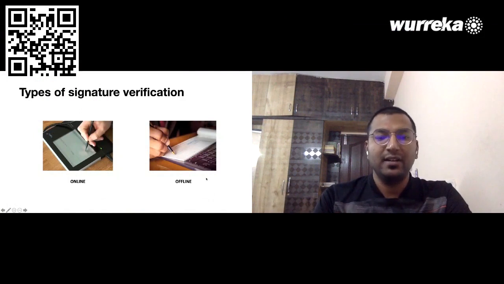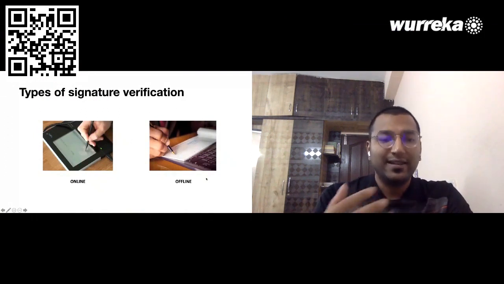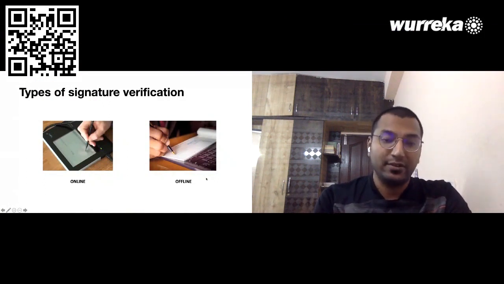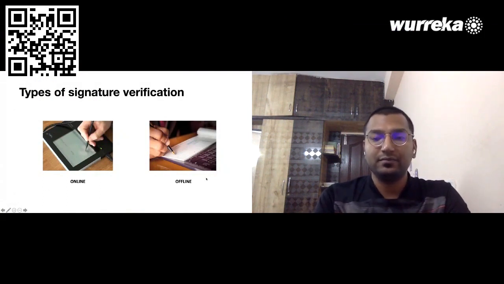But this improvement in performance for online verification comes at a cost, because it requires special hardware for recording the trajectory and the speed, and it reduces the real application scenarios, because not everywhere you can utilize that.